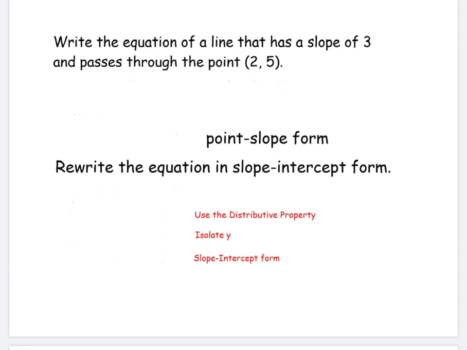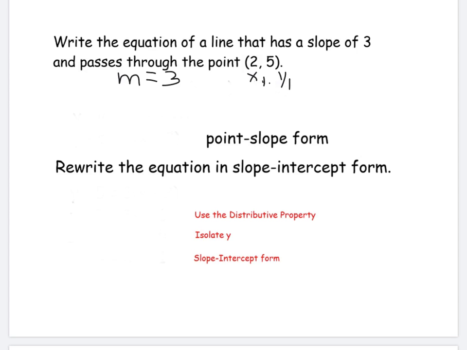So you might see a question like this, where it says write the equation of a line that has a slope of 3 and passes through the point 2, 5. Now remember, the value of m is our slope, which is 3, and then we know that this is x1, y1.